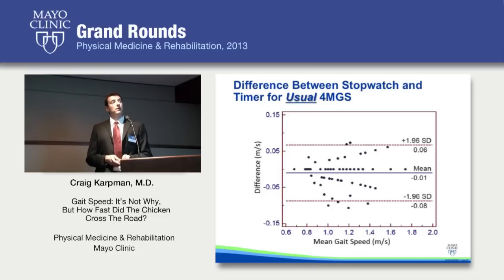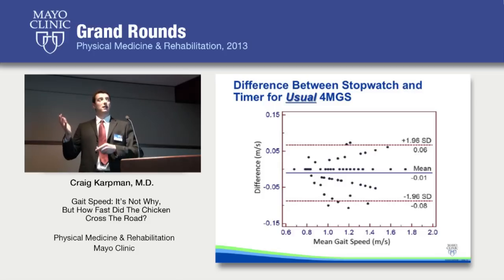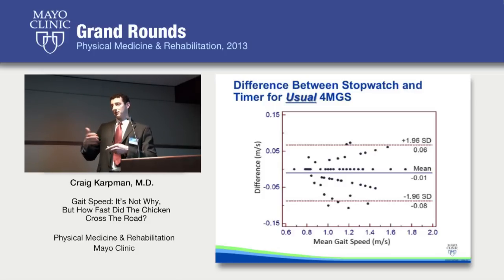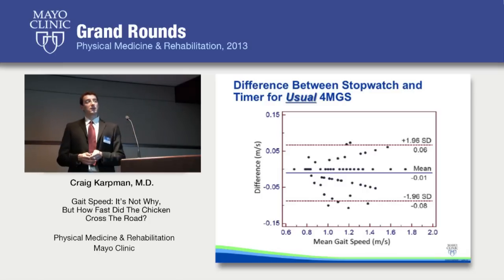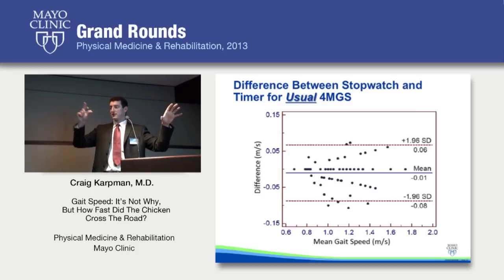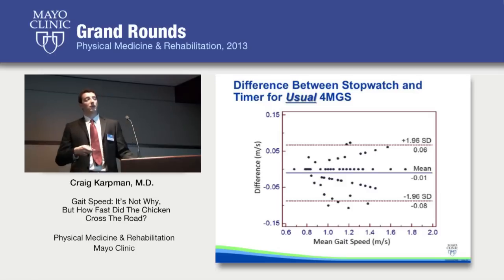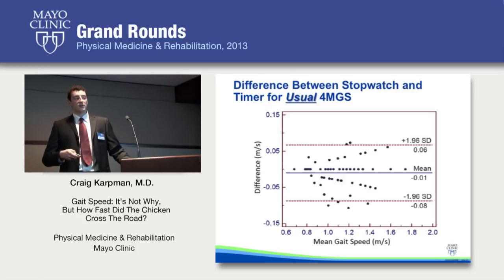And here we wanted to look at the difference between using stopwatch and timer and how much variability you have between the different timing systems. So this is just a Bland-Altman plot where all we're doing is showing the difference in meters per second in the one measurement that we got versus the other, and then plotting it over the average gait speed for that difference.